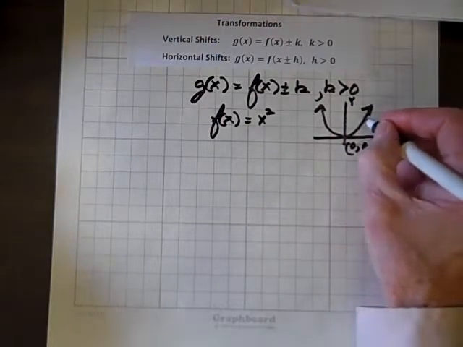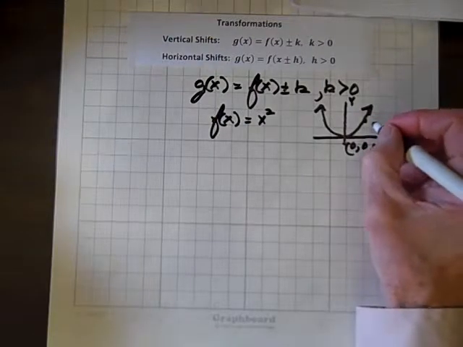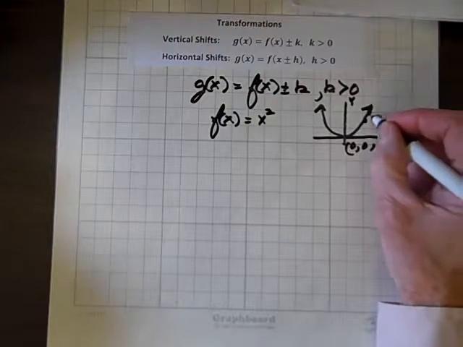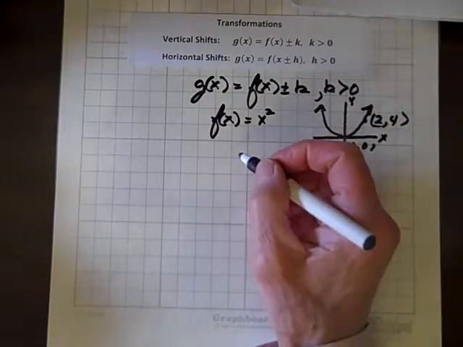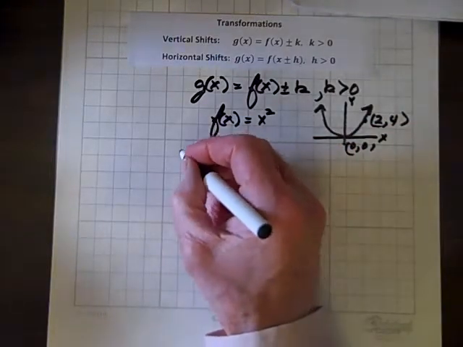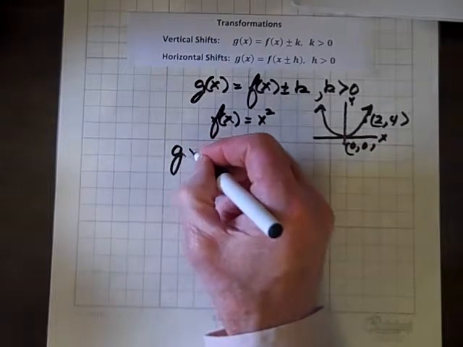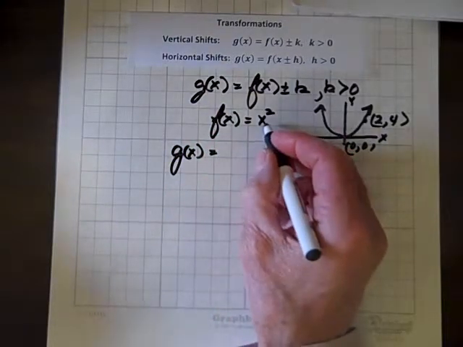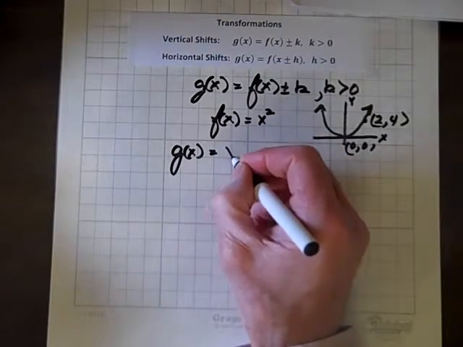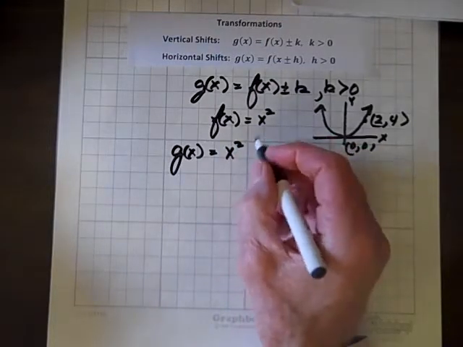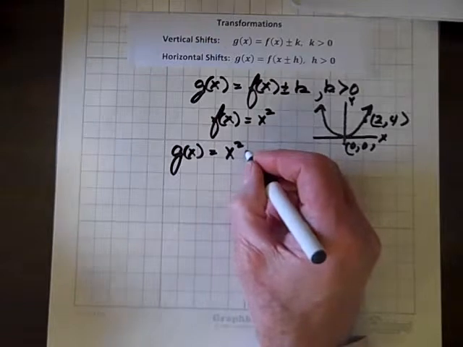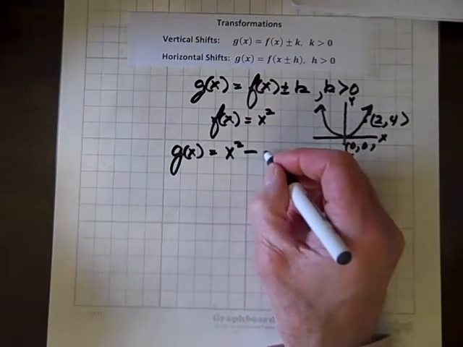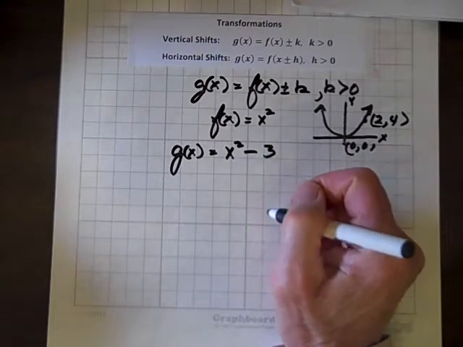And a point on the graph of this parabola, when x is 2, square 2, you get 4. Y equals 4. So now our g of x becomes g of x equals f of x, but f of x is x squared. And I'll choose the minus and put a 3 in for k.